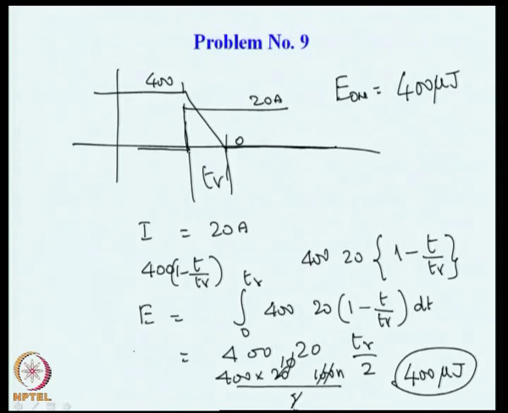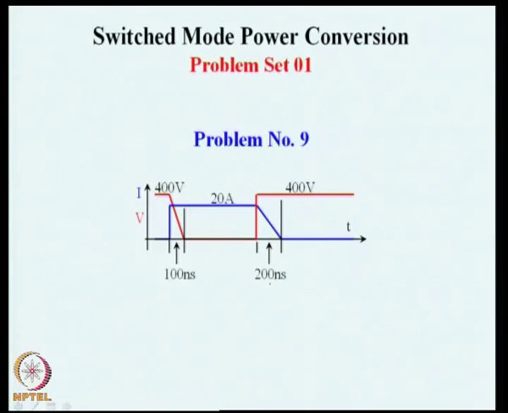In the same way, when the current is dropping linearly and voltage is jumping instantly, we will find that the turn off energy loss will be 800 microjoule, double of this, because all other things are the same, and the fall time is 200 nanosecond as we had seen.